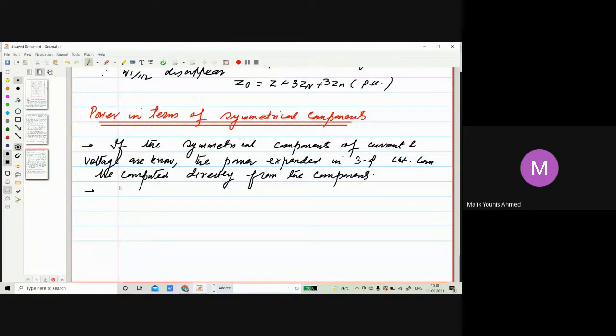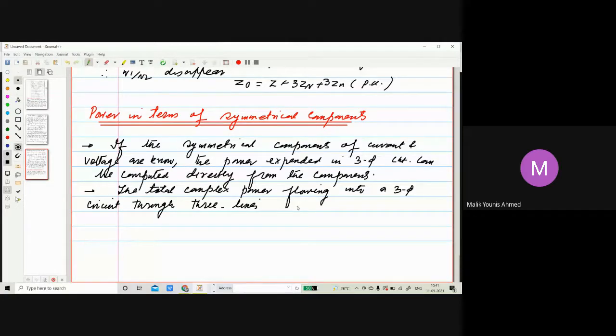The total complex power flowing into a three-phase circuit through three lines A, B and C, as three phases.